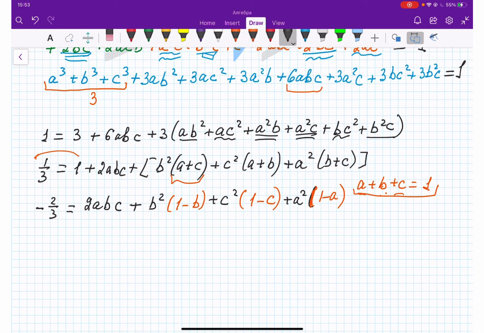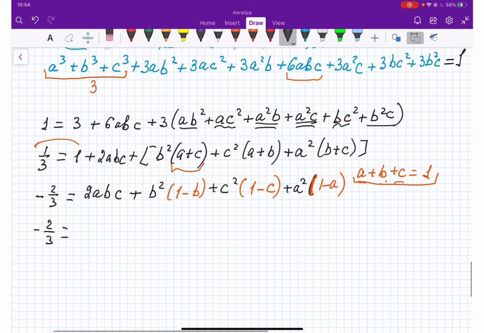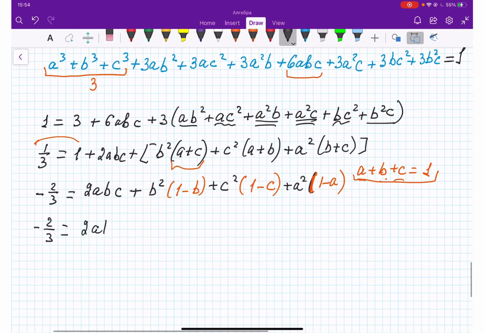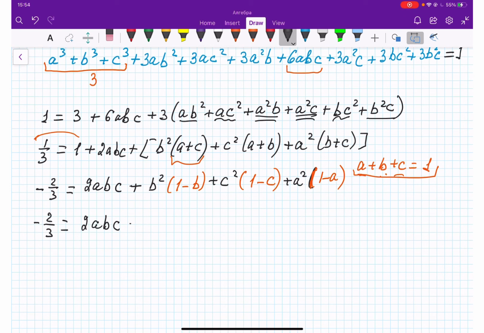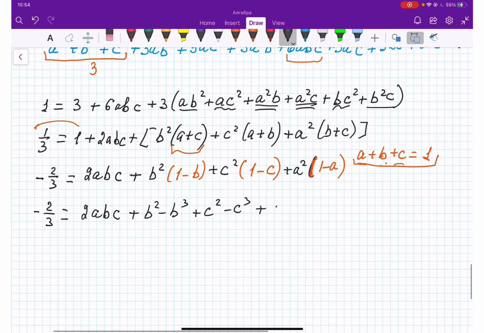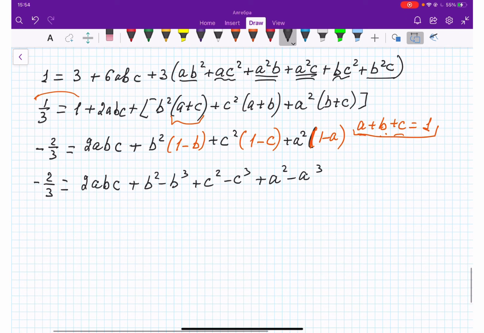Why am I doing this? You will see in a minute. So negative 2/3 is equal to 2abc plus, I am distributing now this parenthesis, okay? b squared minus b cubed plus c squared minus c cubed plus a squared minus a cubed.